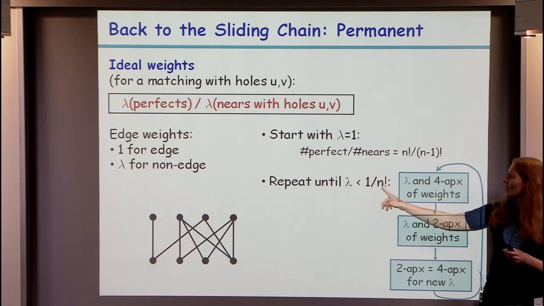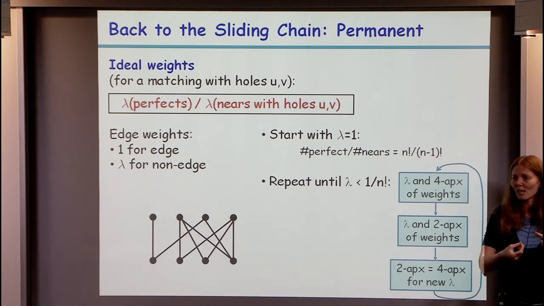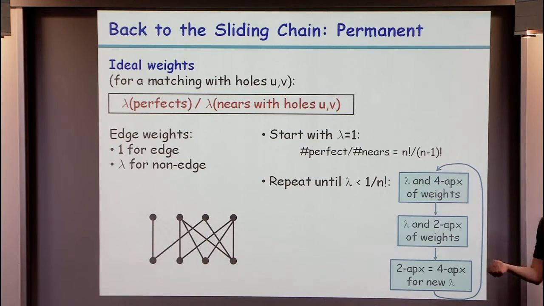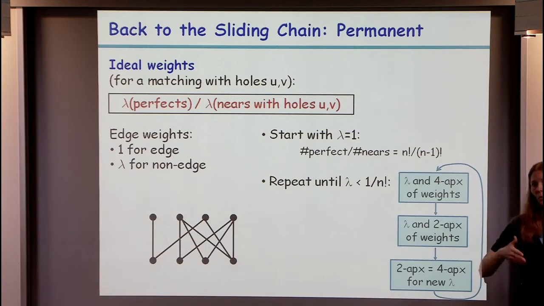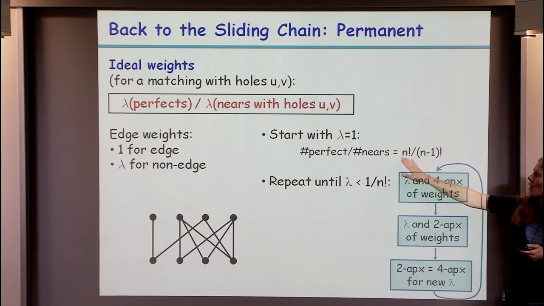Once my lambda factor gets teeny tiny, it's almost as if the matching that uses a lambda edge didn't exist. I should have told you what the weight of a matching is. It's just the product of these weights, either ones or the lambdas.